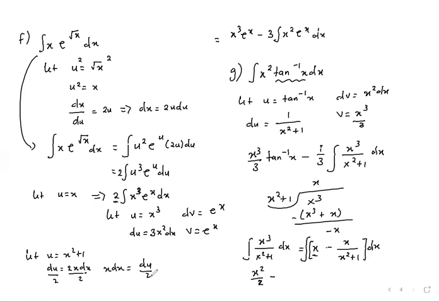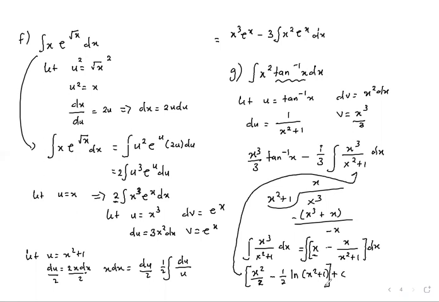So you're substituting here, new integral, you have 1 over 2 out, du over u. So that we get half ln of x squared plus 1 plus c. But this whole piece, you take it inside here, then multiply by negative 1 over 3 for you to get your solution.